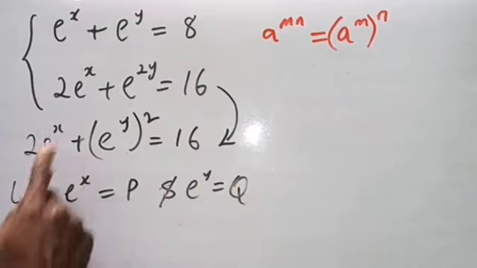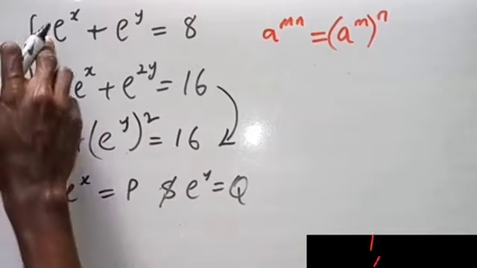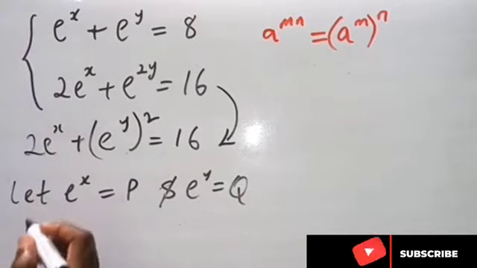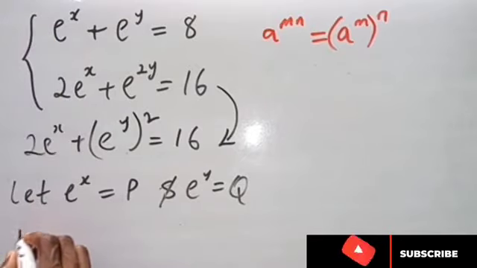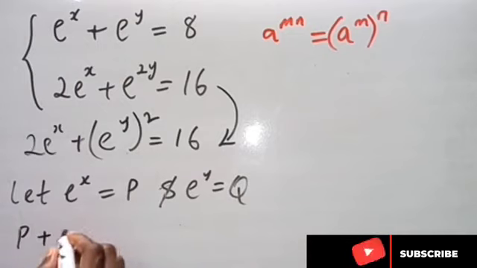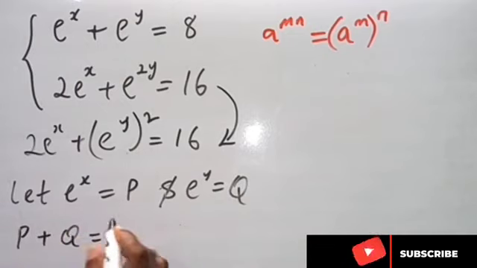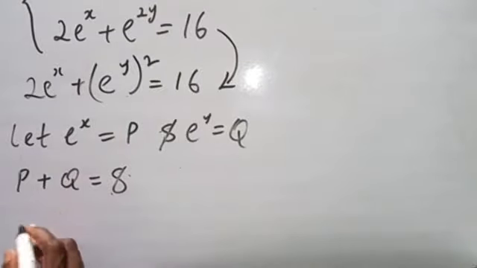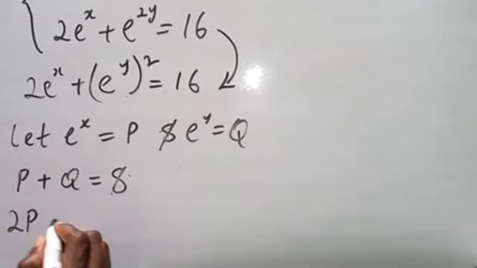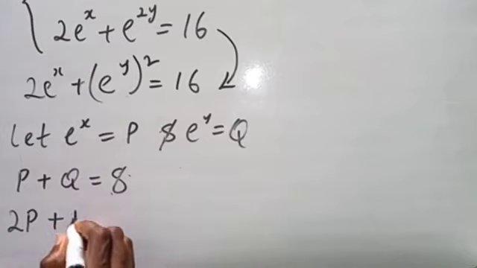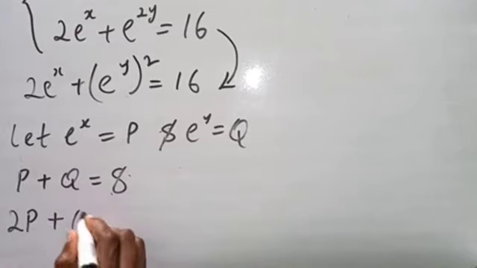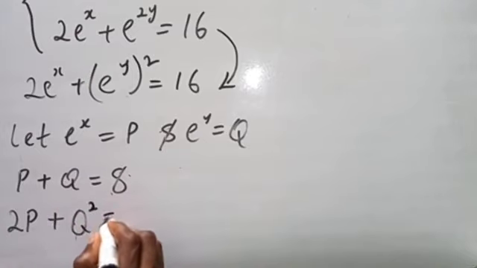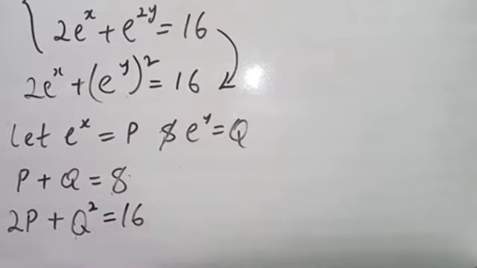Now our equations will become, from the first equation, p plus q equals 8, and the second one will become 2p plus q raised to power 2 equals 16.